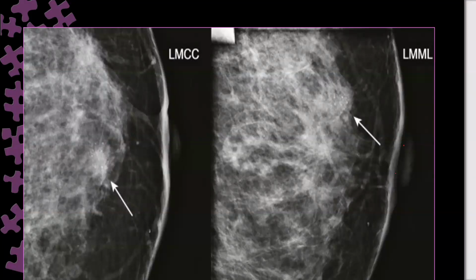Spot compression magnification CC, compression magnification MLO or ML. What does it show? Spiculated mass with calcification. So that one was real. So how does the compression magnification view help us? In this case, it demonstrates that the developing asymmetry is a real, suspicious lesion.